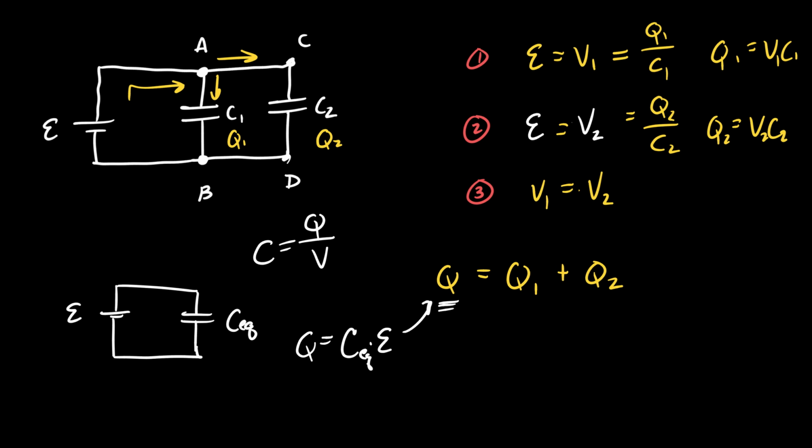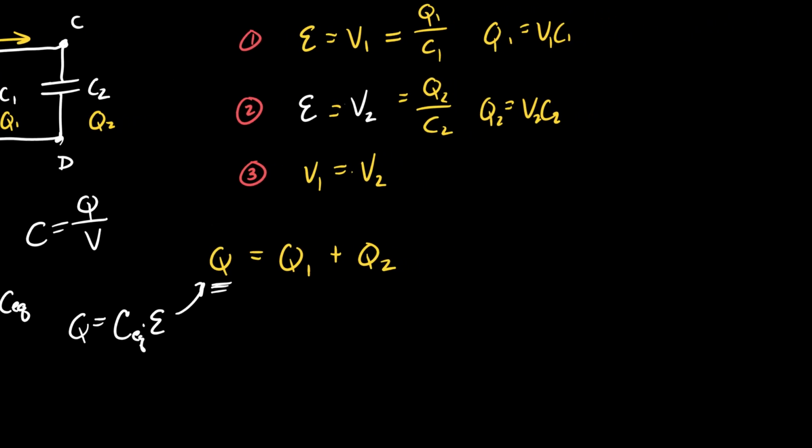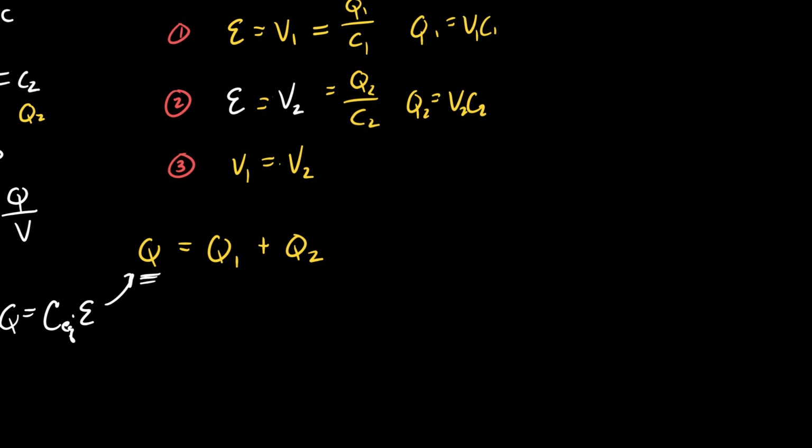All right, so I want to bring all these things together because eventually I want to get to a conclusion here. I'm going to substitute into this function because this would bring all of the capacitances together. So I'm going to get the equivalent capacitance times the EMF has to equal C1 times V1 plus C2 times V2.